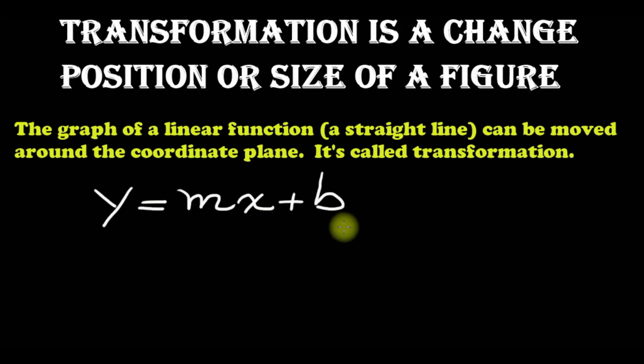So this is a linear function, called slope-intercept form. Now, how the transformation works is in terms of b, which is the y-intercept, and in terms of the slope.